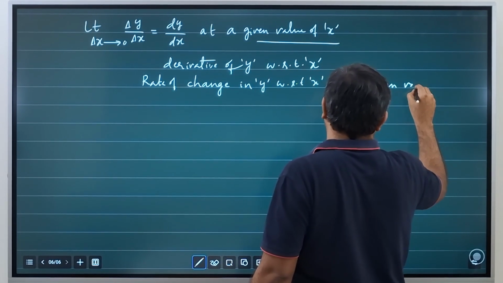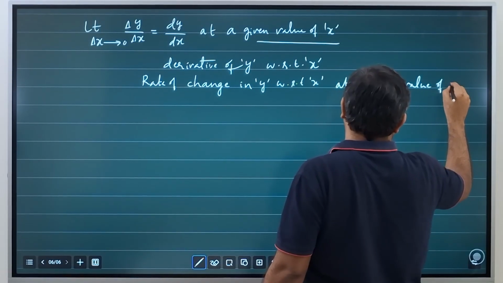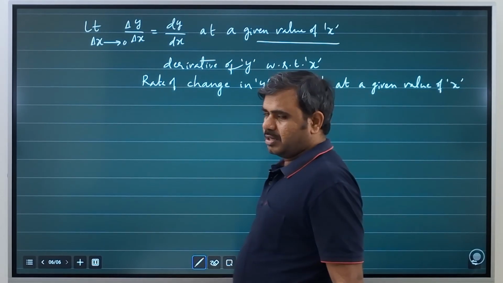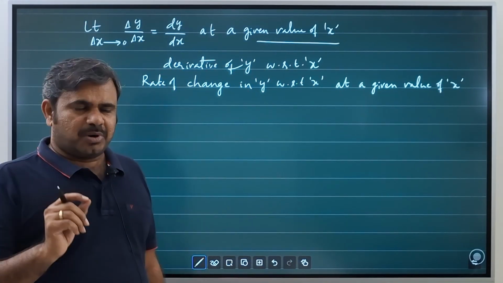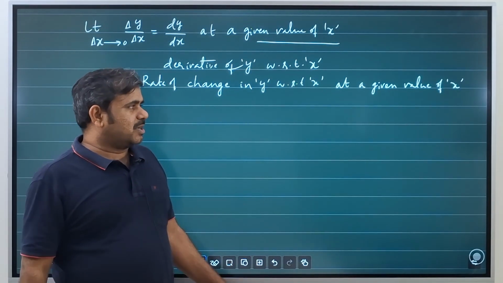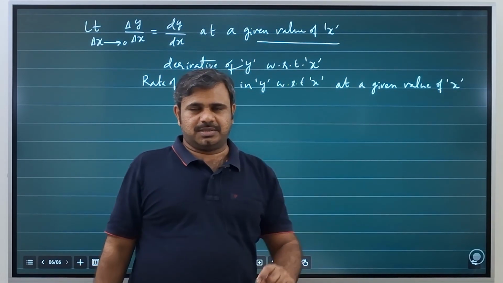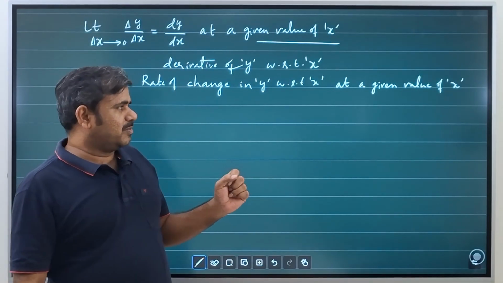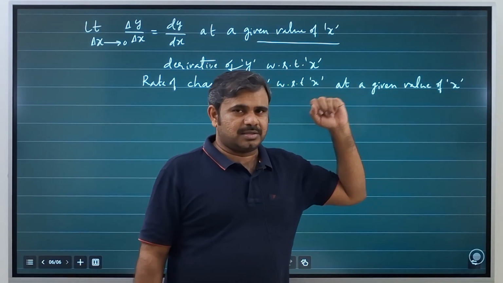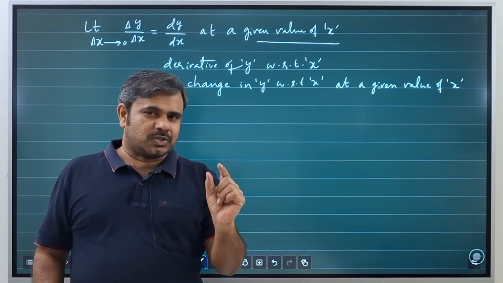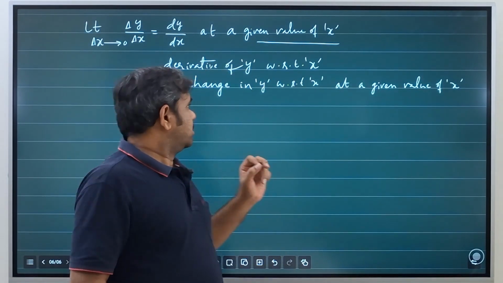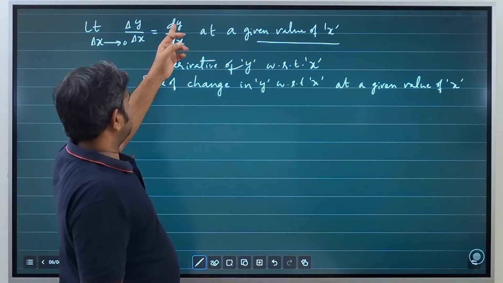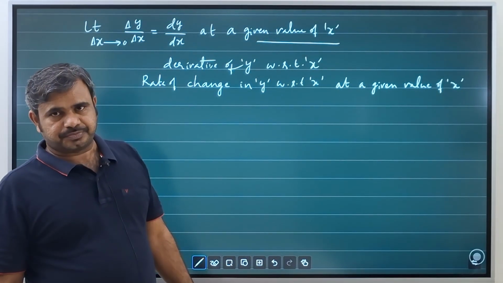At a given value of x means in a small interval constructed around the value of x. In a small interval constructed around x, as that interval tends to 0, this tends to dy by dx.